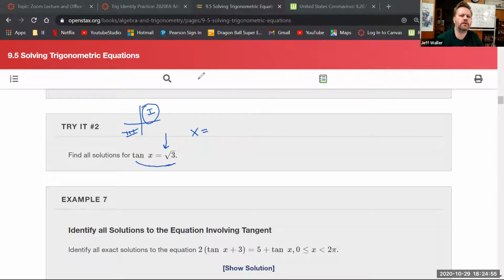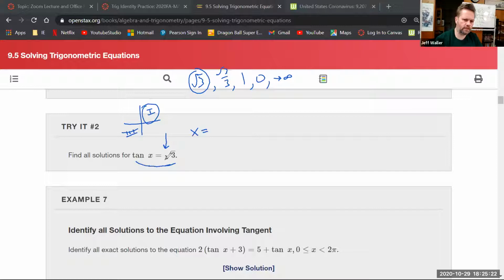And how do you think about this? Tangent has square root of 3 over 3. It has 1, it has 0, it approaches infinity. Those are the main options for the angles we know, right? And the way I've got it memorized in my head is tangent is bigger when sine is bigger.